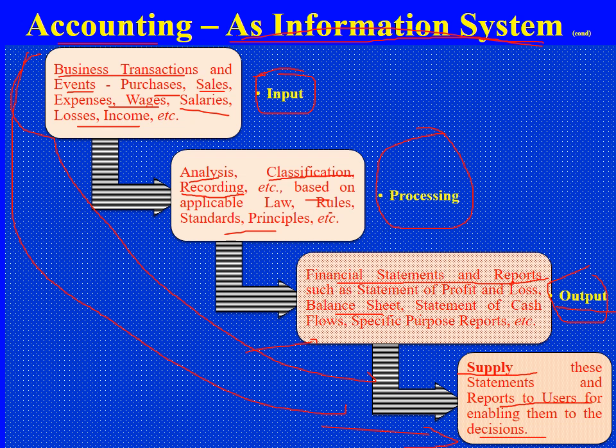These are all the outputs which will be supplied to the users in order to take good financial decisions. This entire process we used to say is the accounting information system, because it processes the input to get the output. That's why accounting has been called an information system.